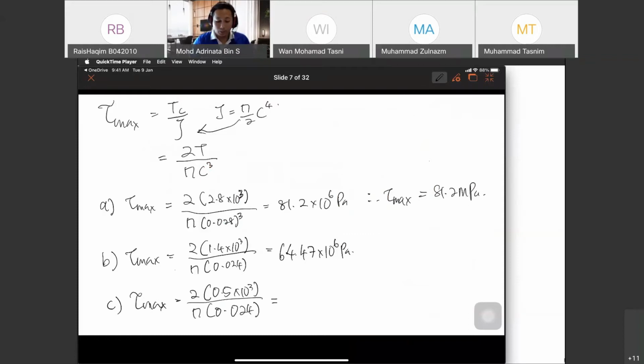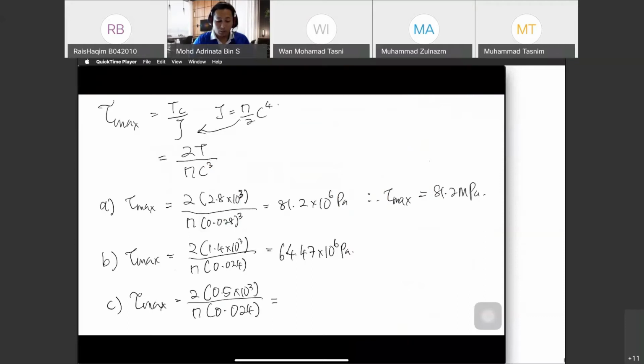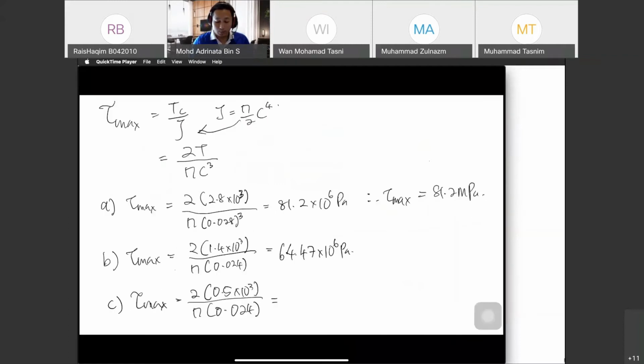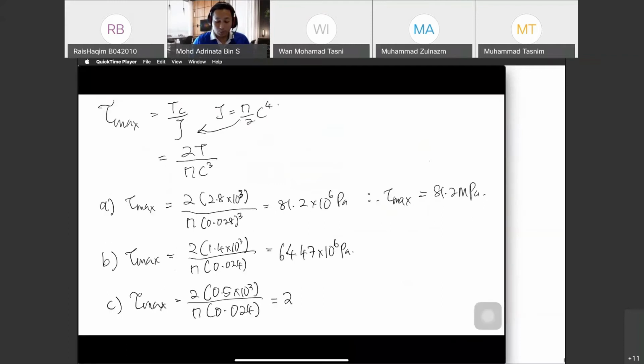Okay, so we got our CD 3.03 times 10 to the power 6 Pascal. So kita ada tau max equals to 64.47 megapascal. Kita ada tau max equals to 23.03 megapascal.